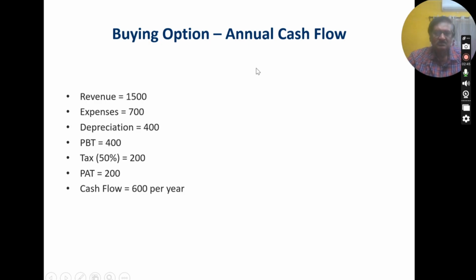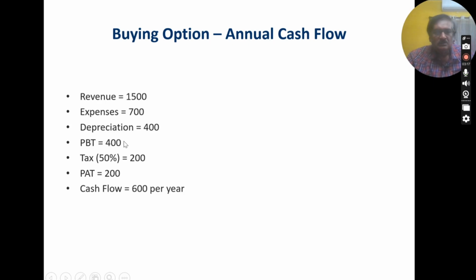Okay. Now, buying option, annual cash flow. To calculate NPV, cash flow is required. How to calculate? Revenue is 1,500 rupees. Expenses rupees 700. Depreciation I have just calculated, rupees 400. That's why profit before tax will be 1,500 minus 700, that means 800, minus 400 depreciation, which is 400.